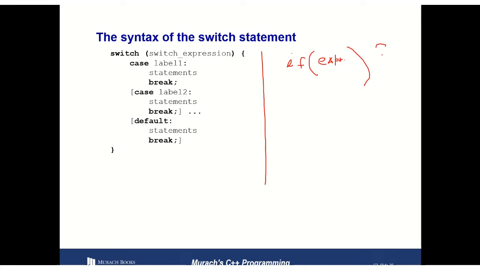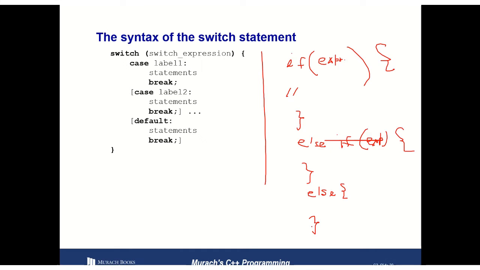Then you execute certain statements, and then you write else if some other expression, and that continues until we reach a point where we write else. So that is the typical syntax of the if else statement.